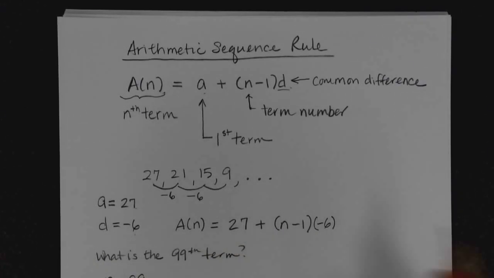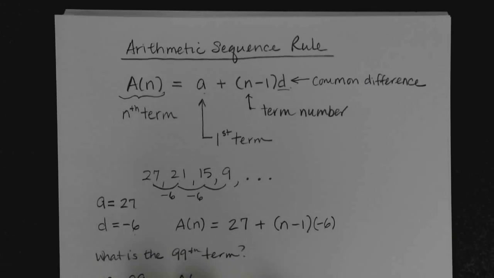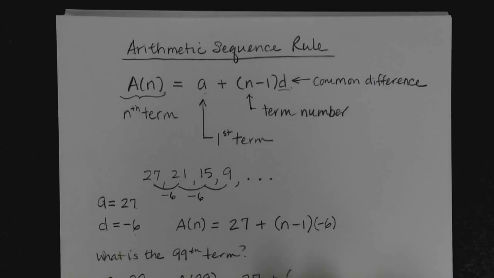So the 99th term is 27 plus 99 minus 1 times negative 6. 99 minus 1 is 98, and 98 times negative 6 is negative 588.